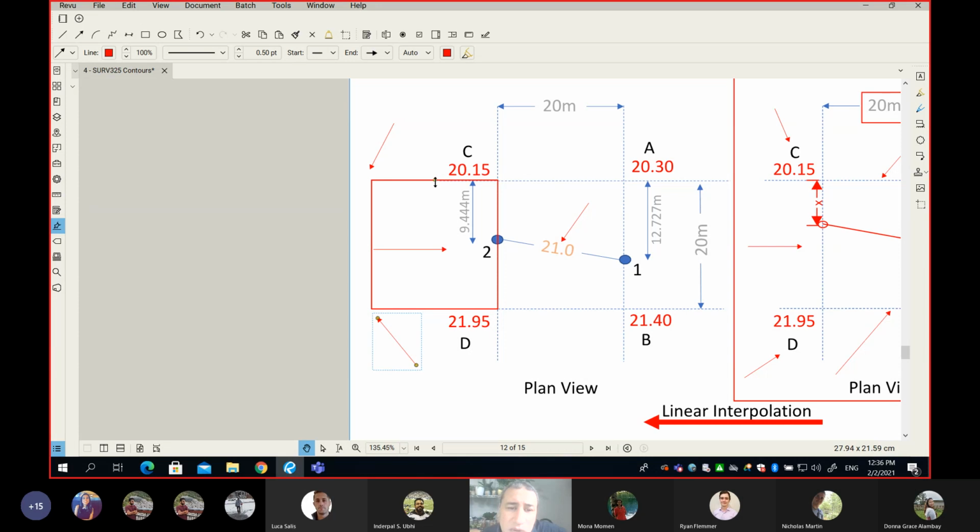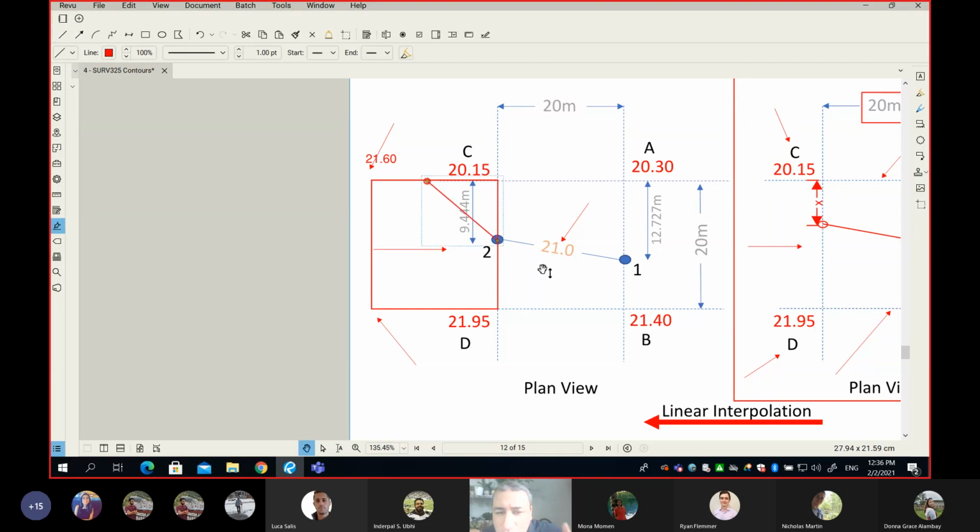For example, let's say I give you elevation here is equal to 21.60. So what you have to do is say, I do have a point here somewhere in between that has elevation 21. I do linear interpolation, and finally I'm going to say, here is the point that has elevation 21. In terms of contour lines, you need to connect point number 2 to point number 3.